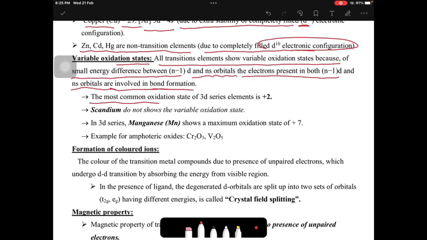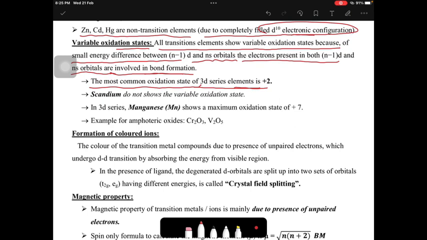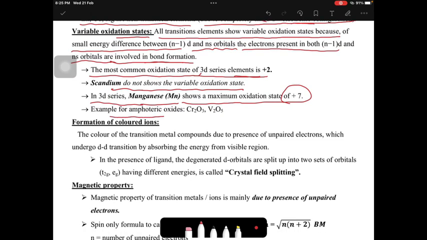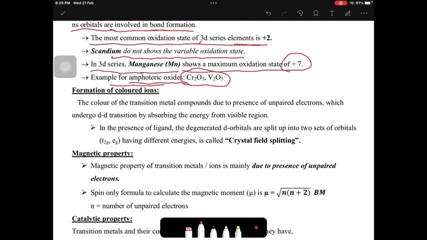The most common oxidation state of the 3d series is +2. Scandium does not show variable oxidation state. In the 3d series, manganese, Mn, shows maximum oxidation state, that is +7. Examples of amphoteric oxide: Cr2O3 and V2O5.